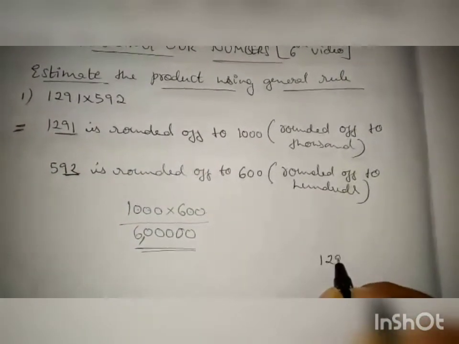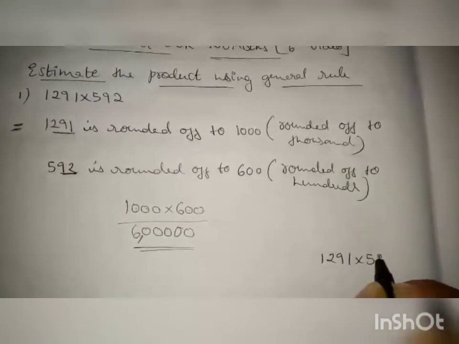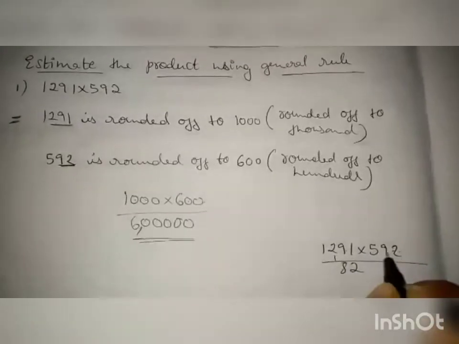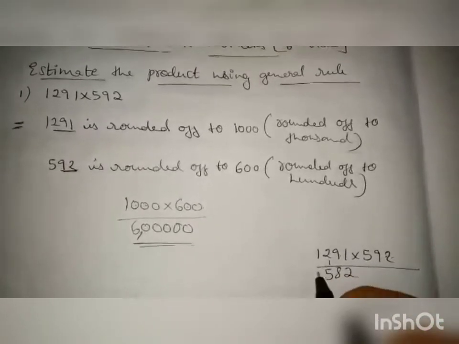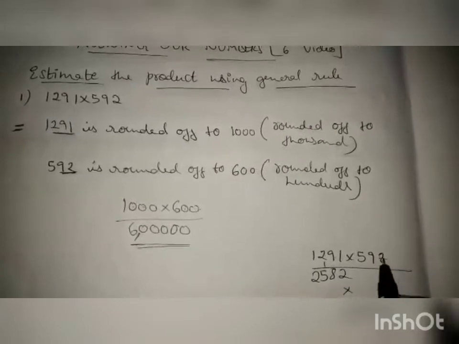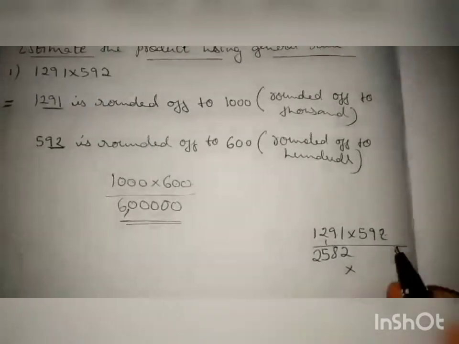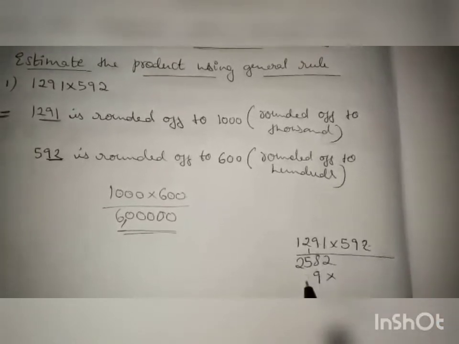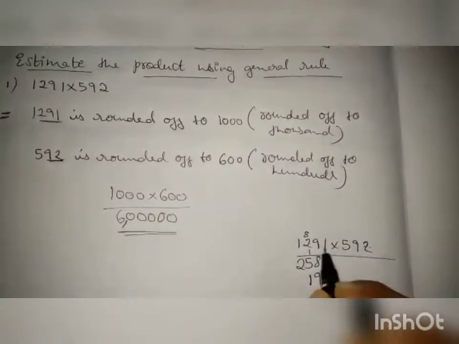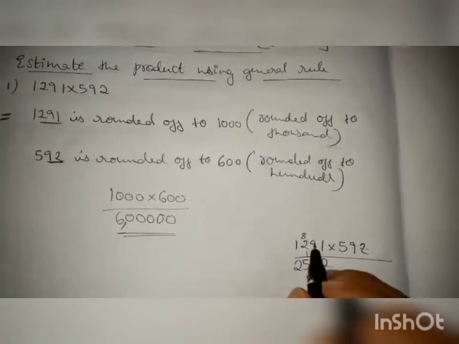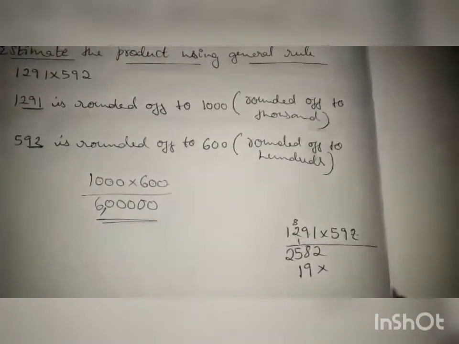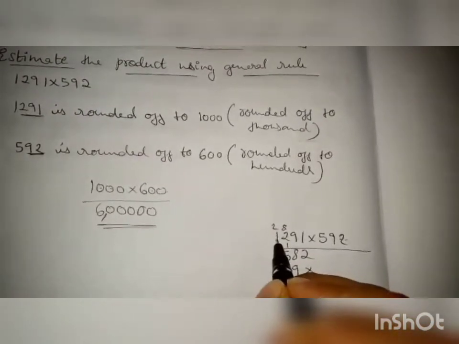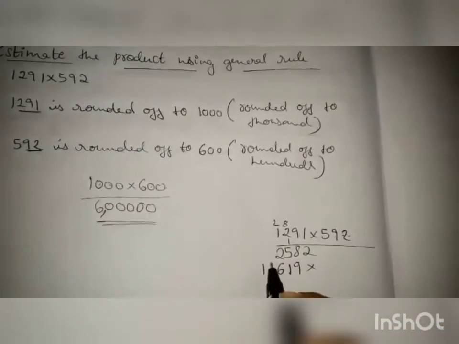1291 into 592. So 2 ones are 2, 2 nines are 18, 2 twos are 4, 5, 2 ones are 2. Next, 9 ones are 9, 9 nines are 81, carry here. 9 twos are 18, 18 plus 8, 26, 9 ones are 9, 9 plus 2, 11.